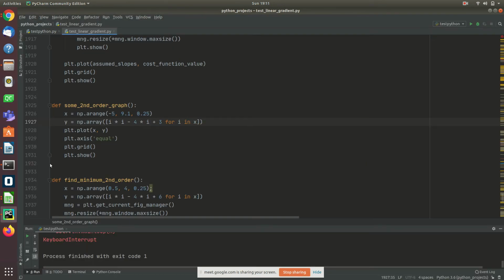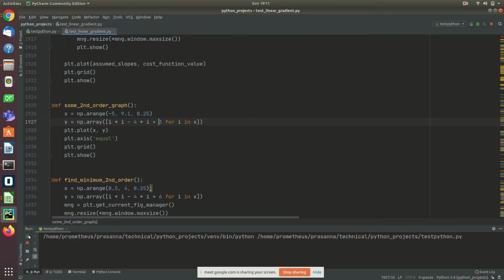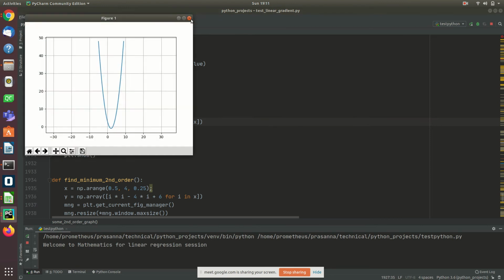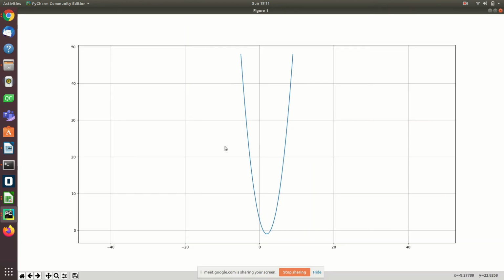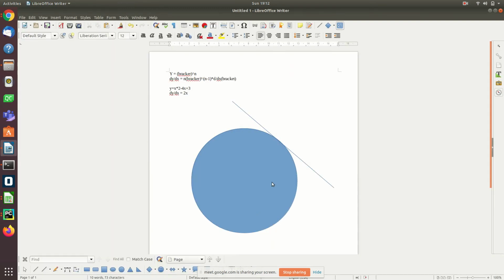Now if I run this, look at this. I really took an equation where the minimum is not 0. Where is the minimum of this? It is somewhere here, right? Can you see this? The minimum is somewhere at x is equal to 2. How can we get this? Can you tell me what is the derivative of this?